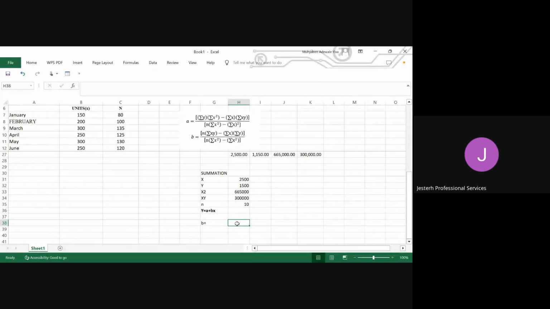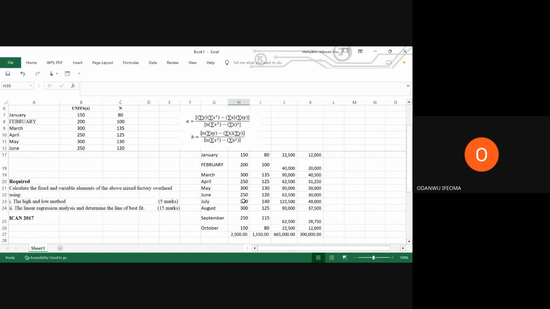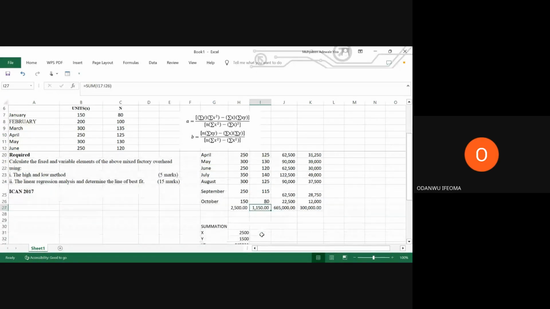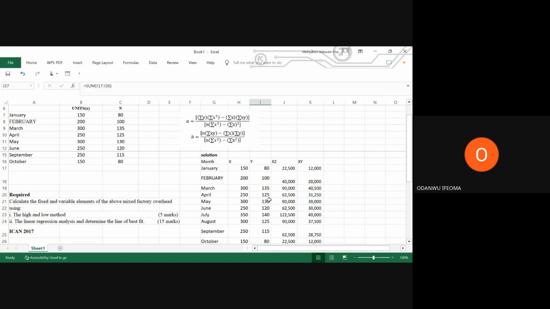As you can see from the formula, N open bracket N, sir, I think there's a mistake in the summation. The summation of Y is 1,150, not 1,500.